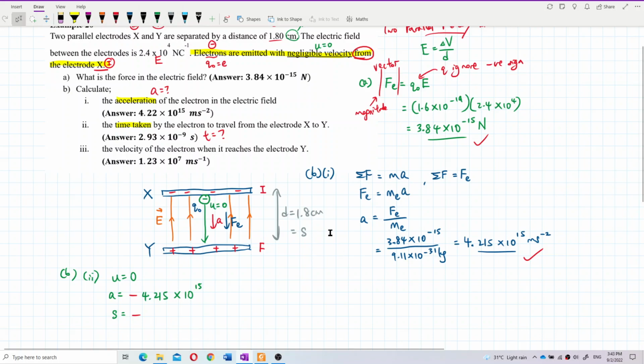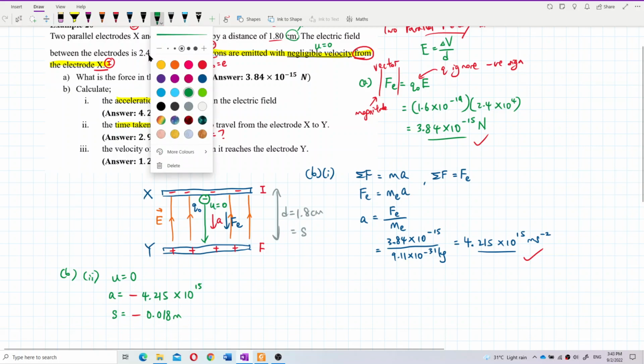Change to meter, divided by 100, so it's 0.018 meter. So I can find my time taken.